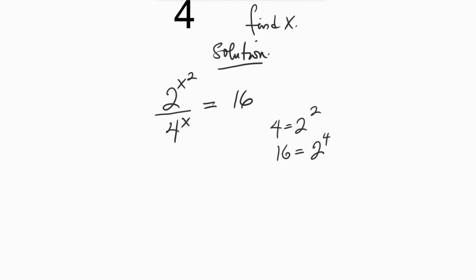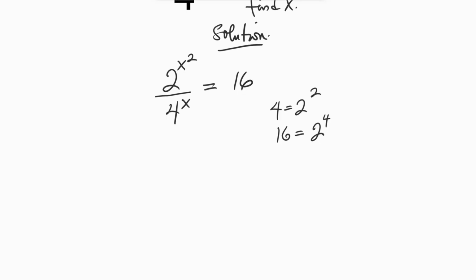So let's try to put everything into the base of 2, and let's see how we can solve this question from there. Now we have 2 raised to the power x squared divided by 2 raised to the power 2x equals 2 raised to the power 4.